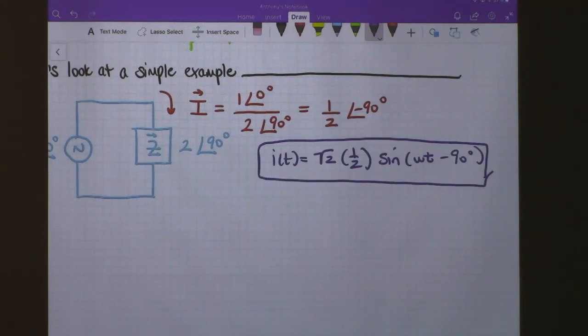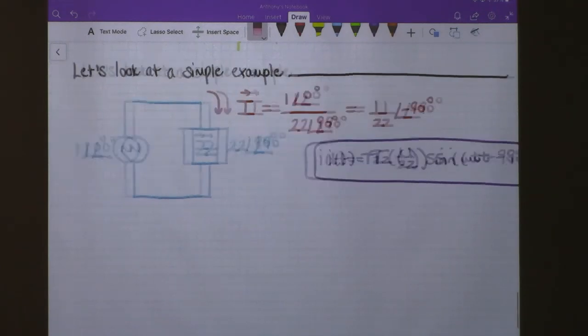Why is this equal to square root of 2 times 1/2? Can anybody tell me? Yes? Well, this is the RMS. This has to be the amplitude, right? When we're writing it in the sine wave form, it has to be the amplitude. So to go from one to the other, we have to multiply by the square root of 2. Okay.